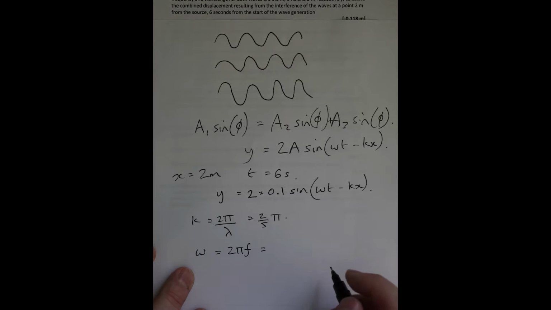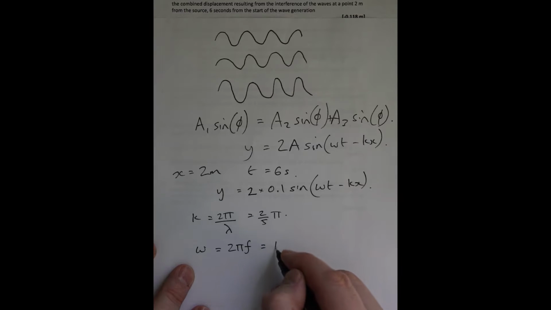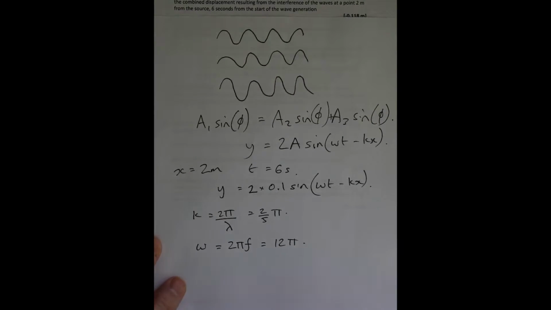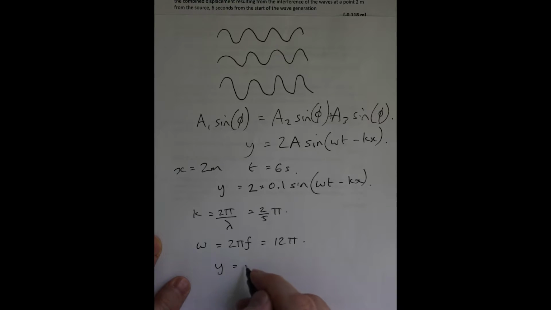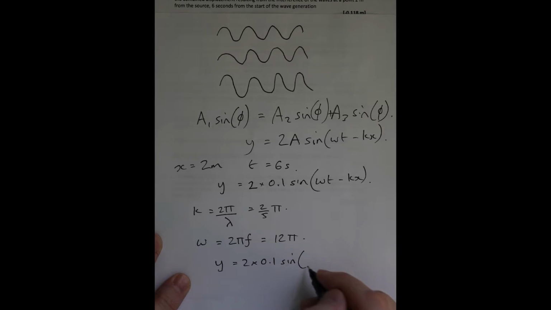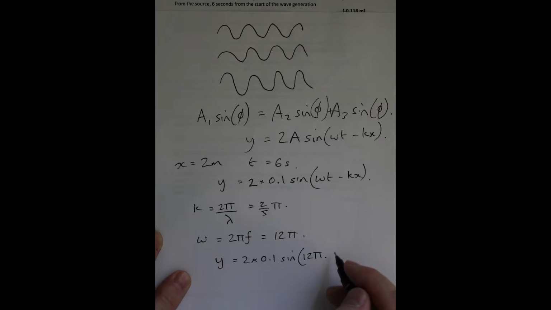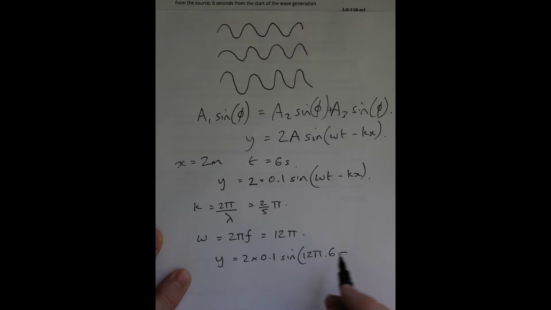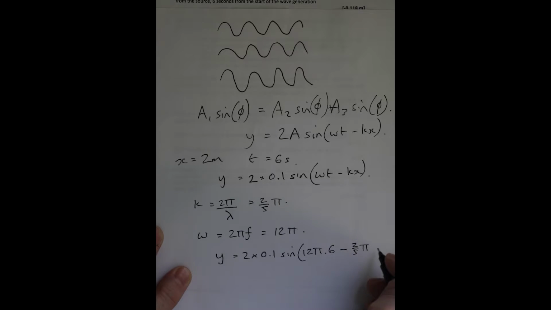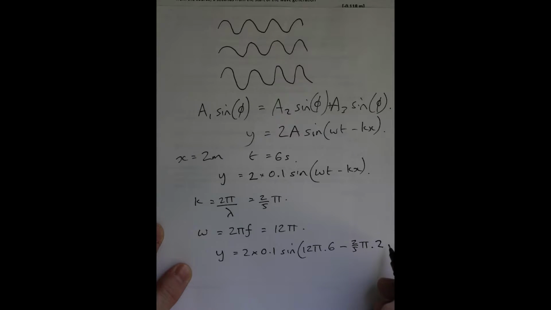In this case our frequency was 6 hertz, so that's going to be equal to 12 times pi. So we can put that into our equation. Now y is equal to 2 times 0.1 sine of omega, which is 12 pi times t, which is 6, minus k, which is 0.5 pi times x, which was 2.